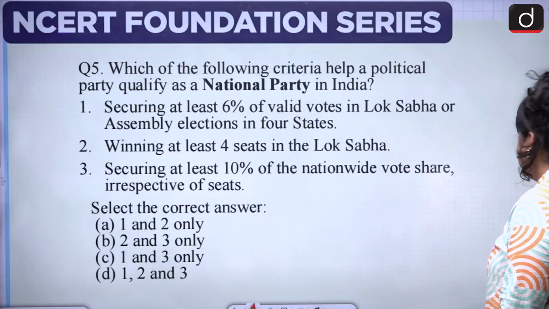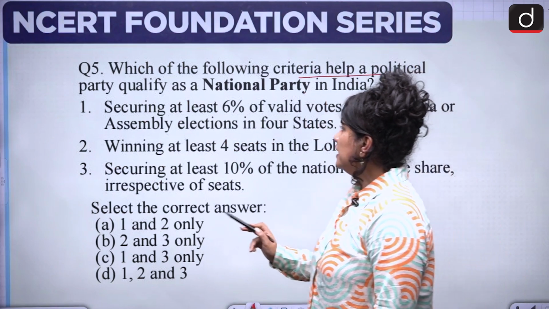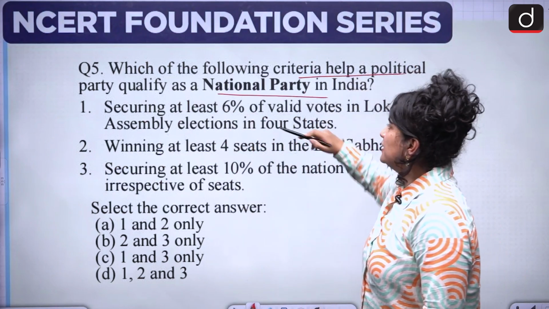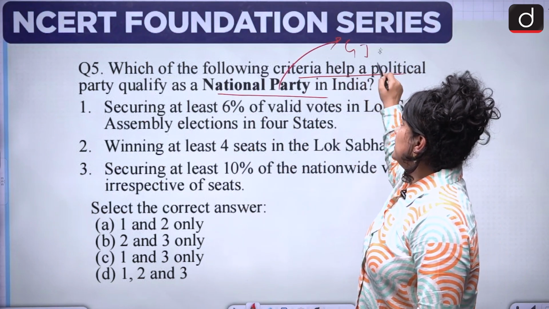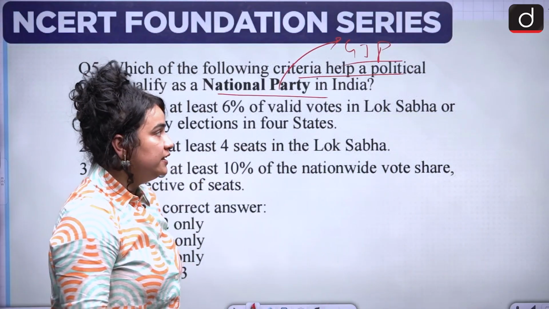Question 5. Which of the following criteria help a political party qualify as a national party in India? Remember, we just did the example of our imaginary Green India Party. And what did we discuss?